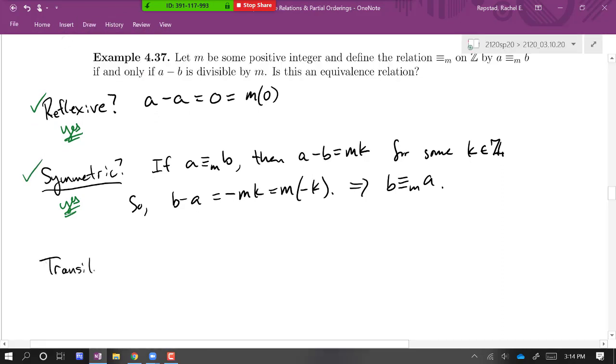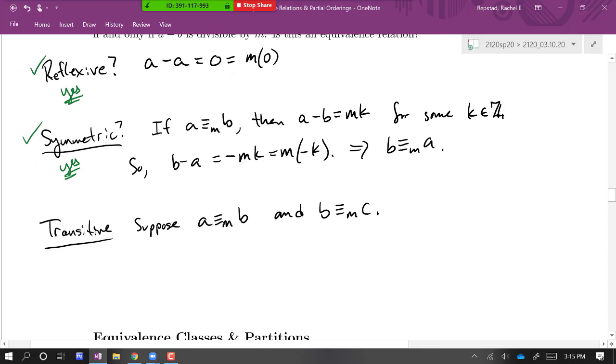Transitive. We grab three integers, right? We need the integers a, b, and c. We suppose a is related to b, and b is related to c. That gets us some equations, right? a minus b is m times k, and b minus c is m times j.